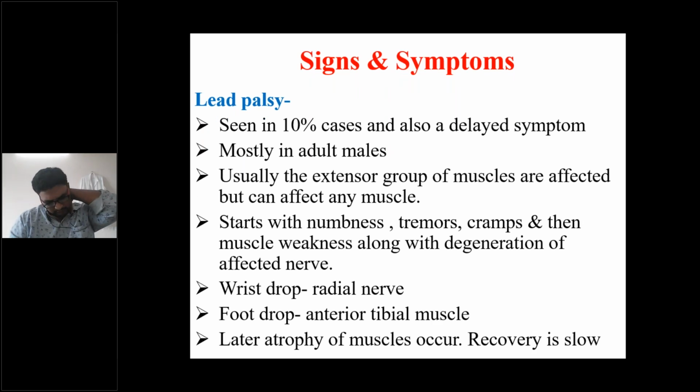So the fifth symptom is lead palsy. The first one is facial pallor, the second one is anemia, the third one is lead line or Bartolian line, the fourth one is colic pain, the fifth one is lead palsy. Lead palsy is seen in 10% of cases, and it is also a delayed symptom, mostly seen in adult males.